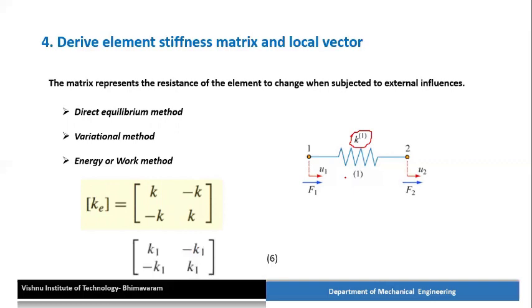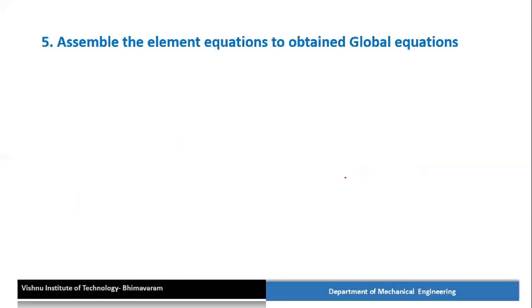We may rewrite this in generalized form. Suppose we consider this as spring 1, we keep it as K suffix 1, minus K suffix 1, K suffix 1, like that. We rearrange this stiffness matrix. How to find this stiffness matrix, we will learn in the coming classes.